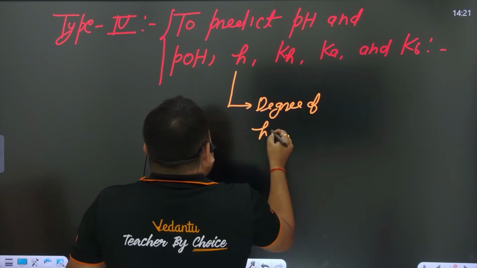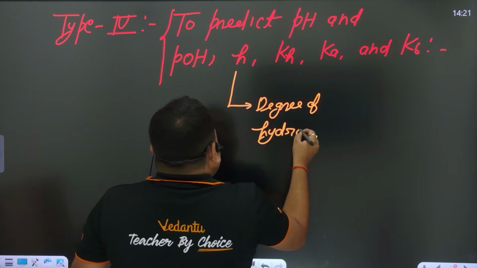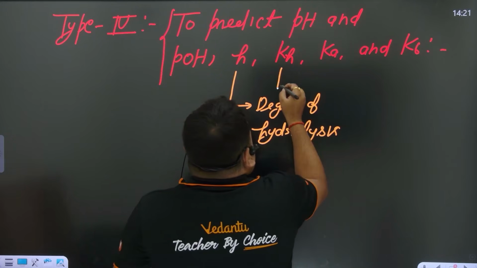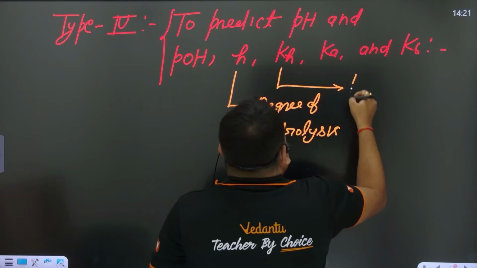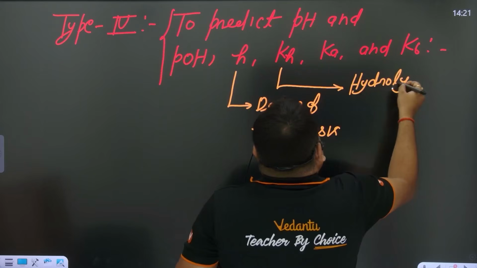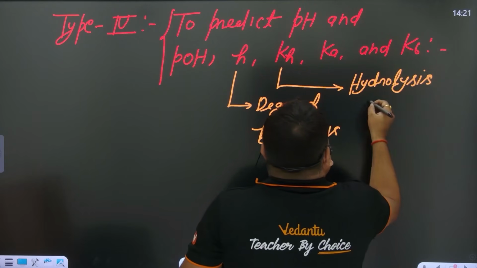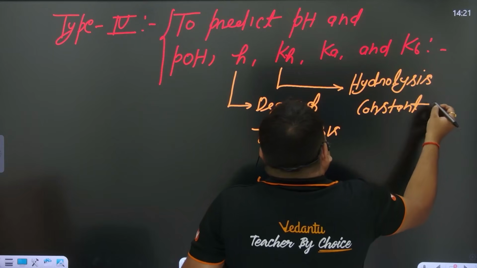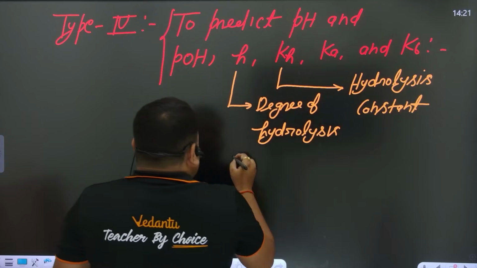Degree of hydrolysis. Here Kh is the hydrolysis constant. And Ka is what?